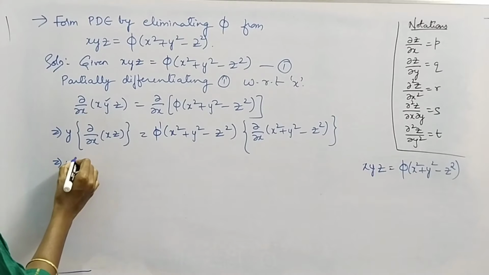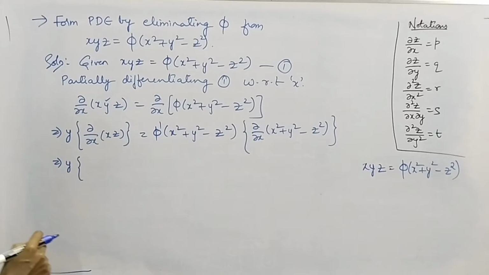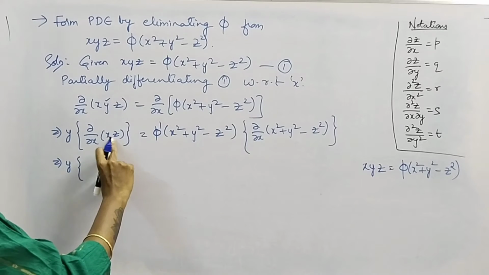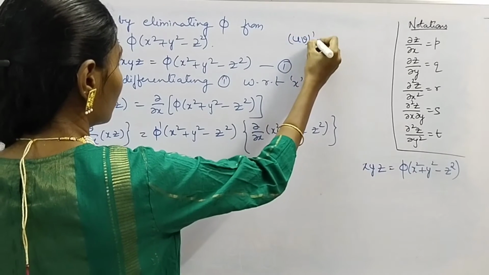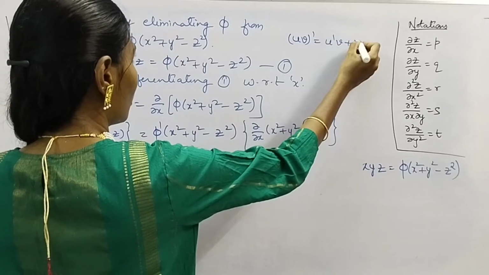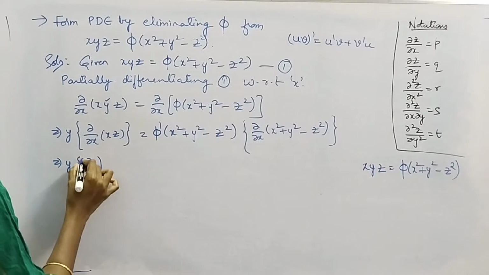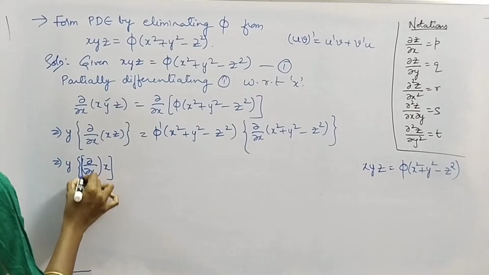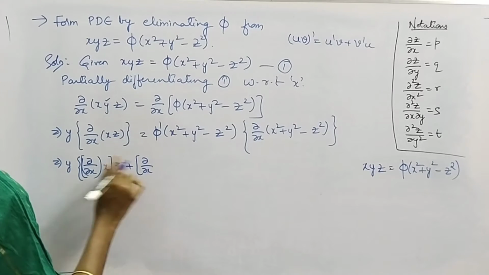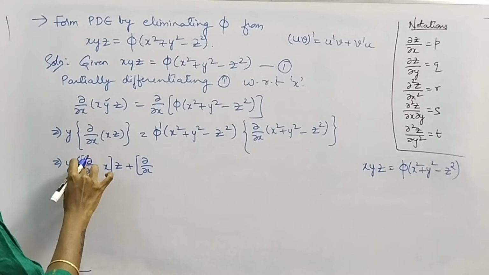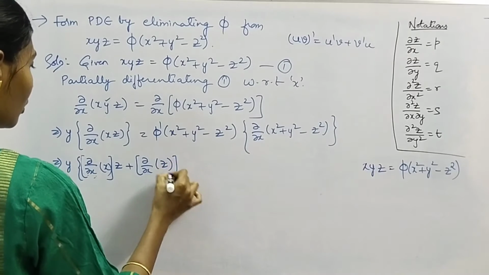This gives us y into, here you have x into z, right? We need to find the derivative of xz. So we'll apply the uv whole dash formula, which is u dash v plus v dash u. This gives us dou by dou x of x into z plus dou by dou x of z into x.